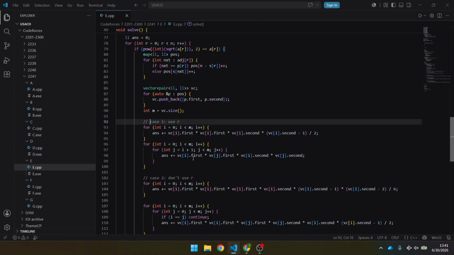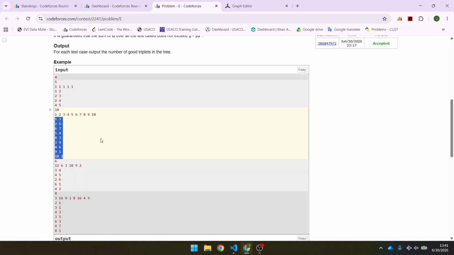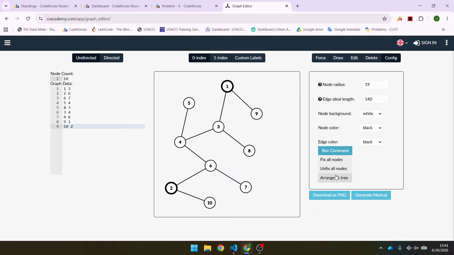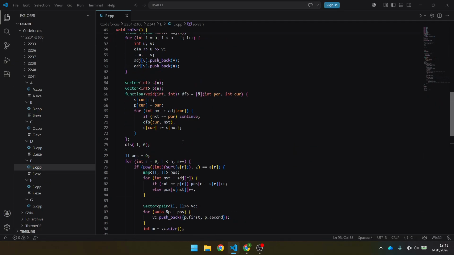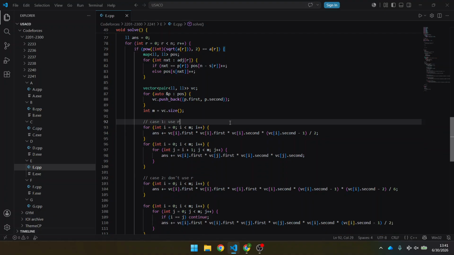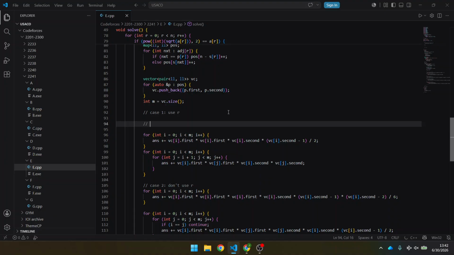If we use R, so let's say here we're using four. So we choose to use four. Currently the map, so position will be four is two, one is one, and four is two.